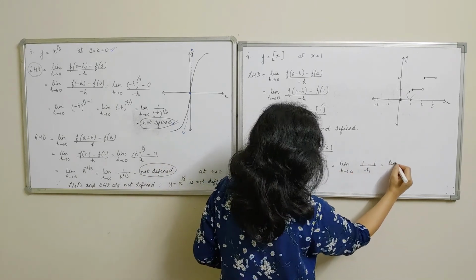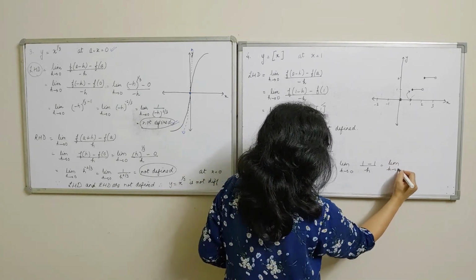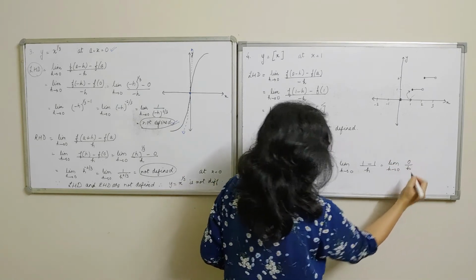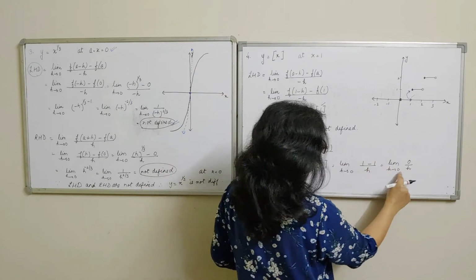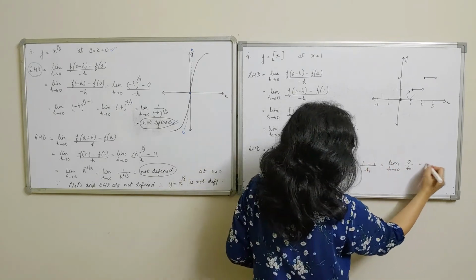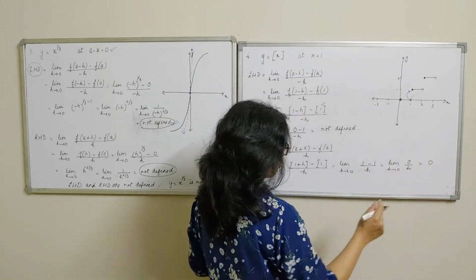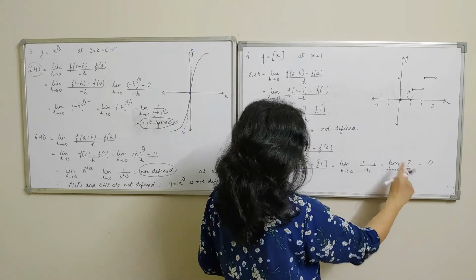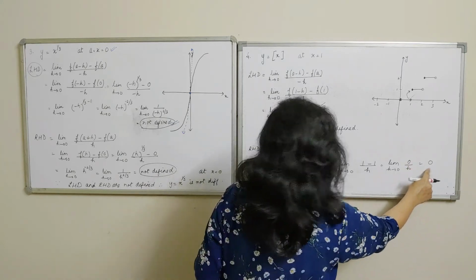Now here you have to clearly understand that the numerator is 0. If the numerator is 0, we do not substitute h as 0, we say the limit is 0. So it is not the 0 upon 0 indeterminate form. This is what you have to remember.